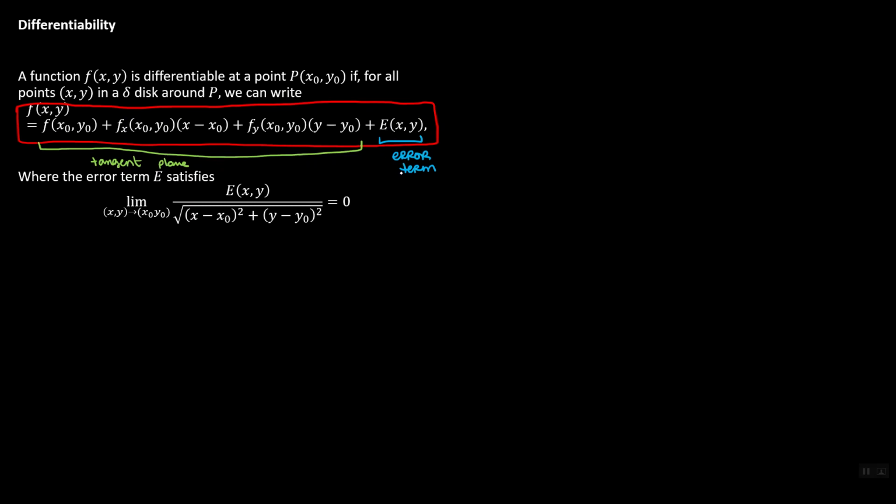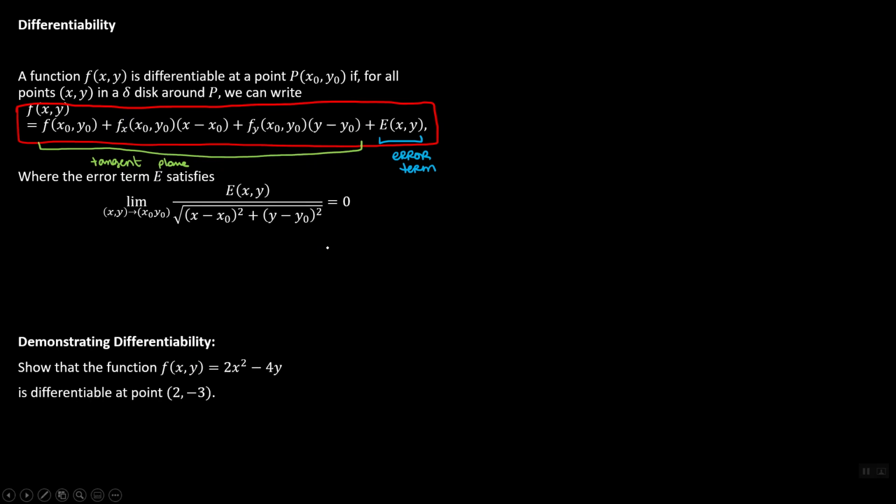If our surface is differentiable, then it won't have any sharp corners. It'll be nice and smooth, which means that when we find this error term, we should be able to plug it into this limit where we do the error term divided by the radius of the delta disk. And when we apply the limit, it should shrink down to 0.